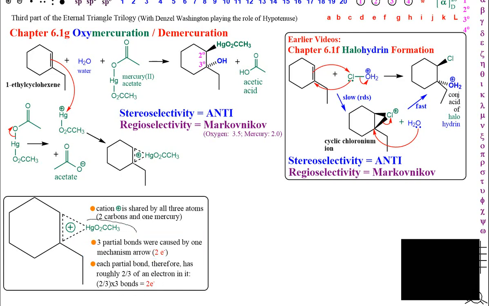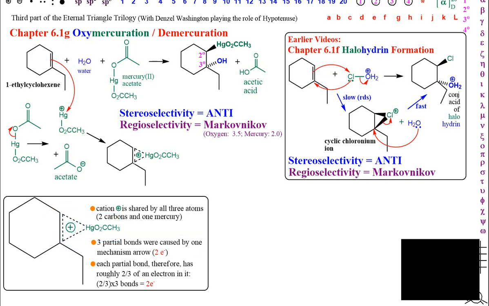Main reason? Mercury, with a mass of close to 200 grams per mole, or 200 AMUs per atom, is a very large atom. This picture is slightly misleading.